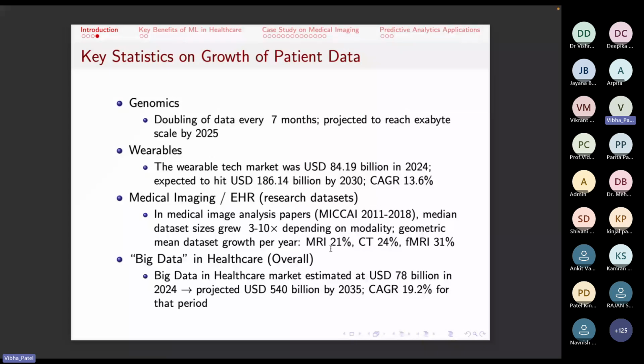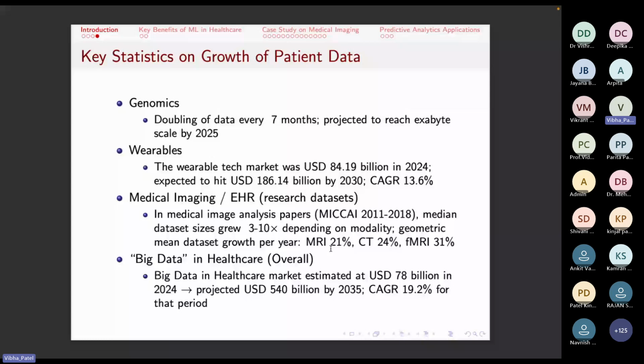So all these devices are generating data. And the wearable tech market in 2024 was around 84.19 billion, and is expected to hit 186 billion in 2030.